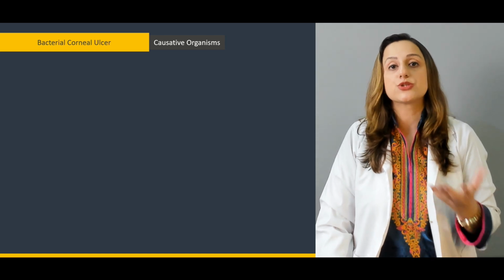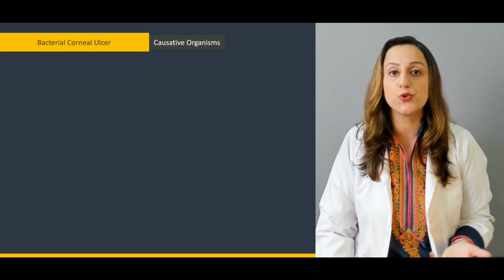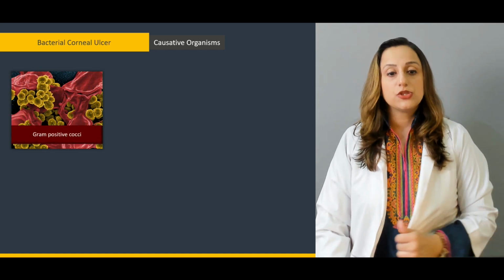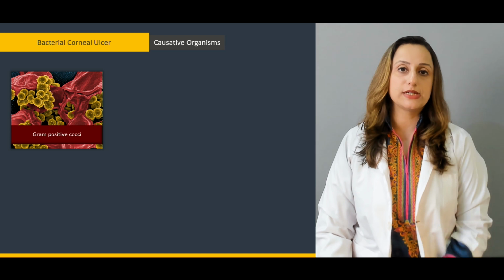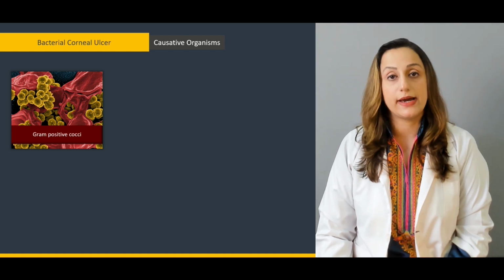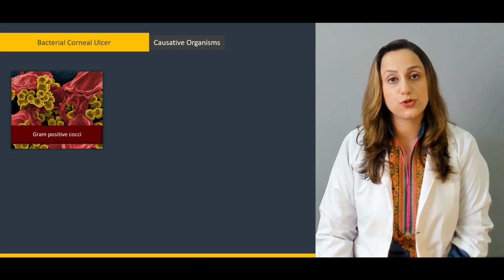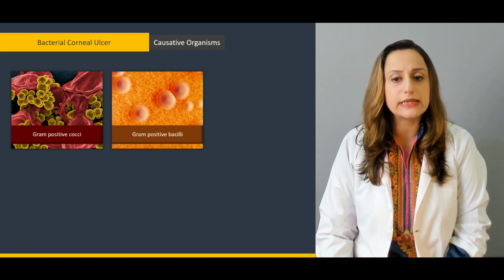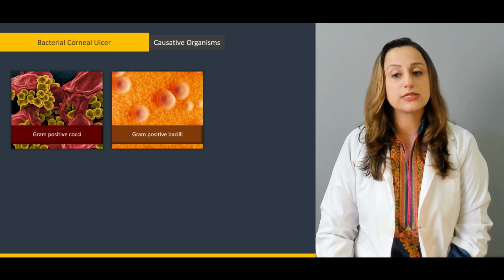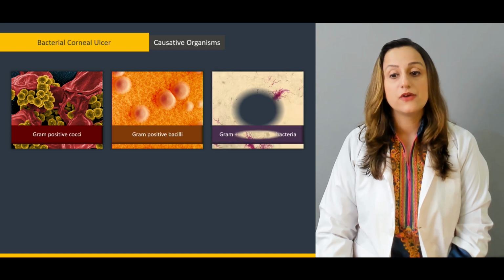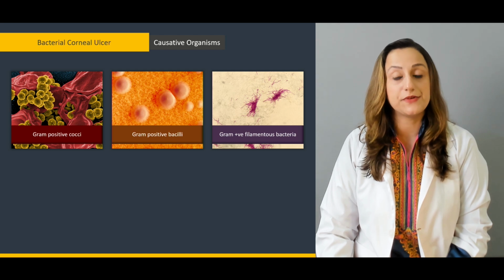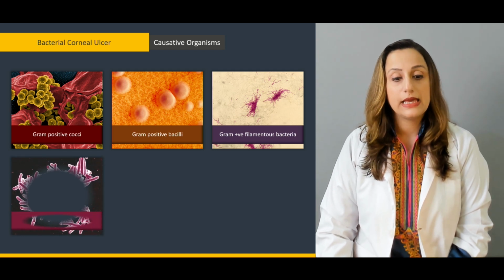We know what the sources of infections are, so we should also go through the causative organisms. The range of causative organisms consists of the gram-positive cocci, which include Streptococcus pneumoniae and Staphylococcus aureus. These are the commonest organisms. We have the gram-positive bacilli as well. Finally, we have the chlamydial organisms and the gram-positive filamentous bacteria.